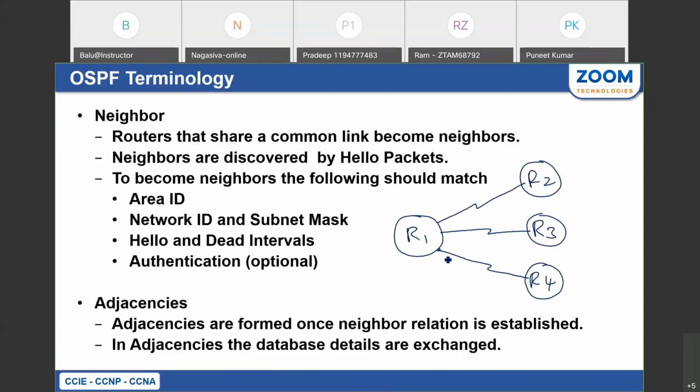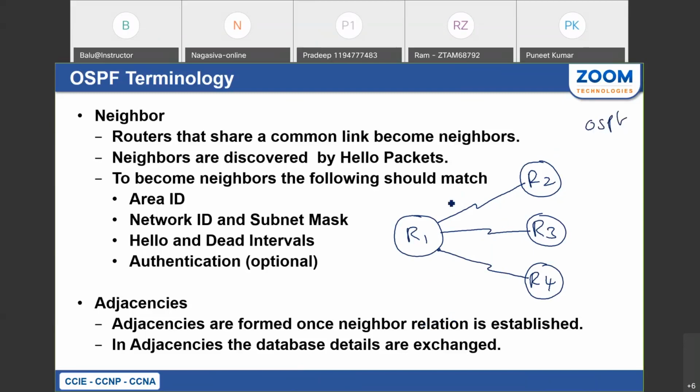For R1, which routers are neighbor routers? R2, R3, R4 are neighbor routers, right? Okay, why? Because R2, R3, R4 are directly connected. I have configured OSPF between all routers.